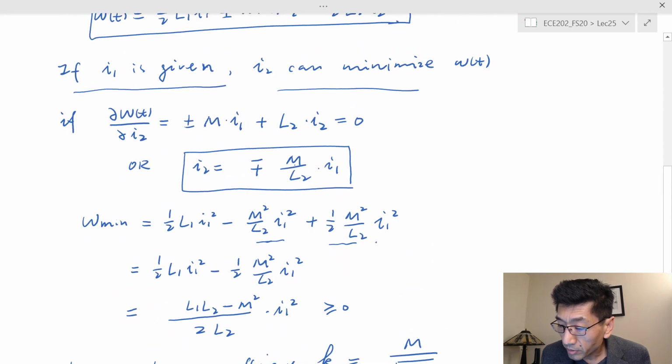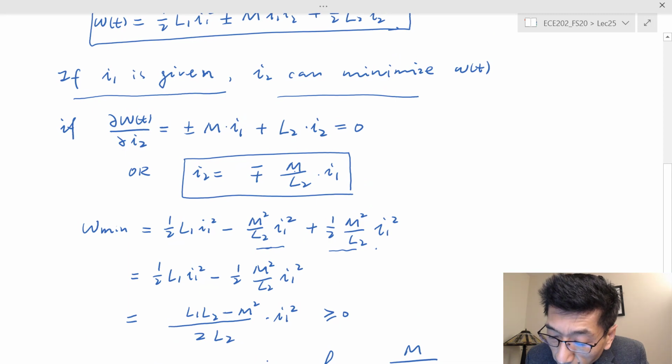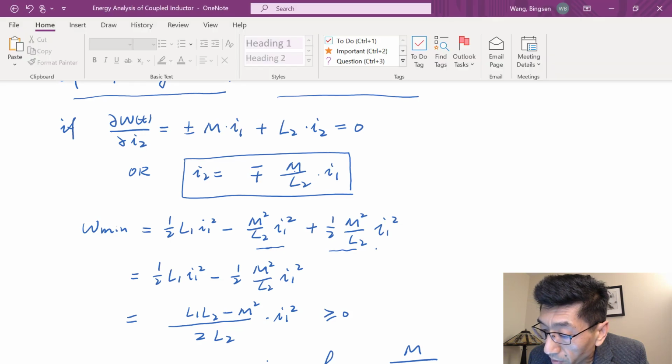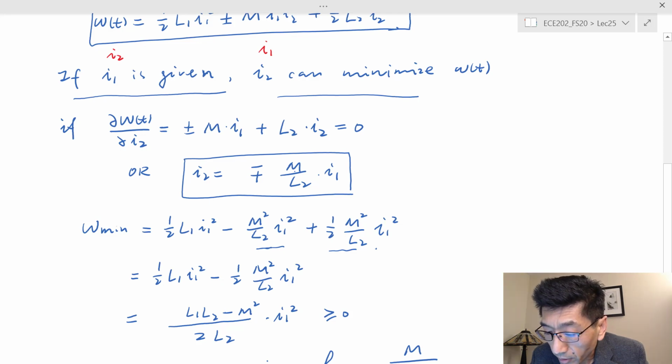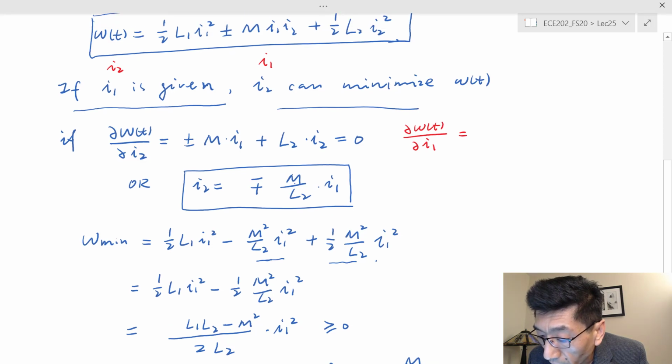Alternatively, let's see if I2 is given and I1 can change, right? In that case, I will have the partial of W with respect to partial I1, that's going to be equal to L1 times I1 plus or minus M times I2.